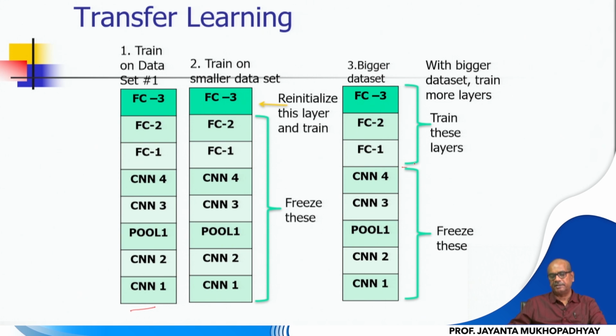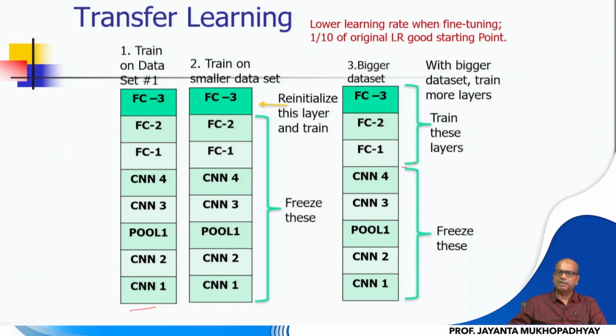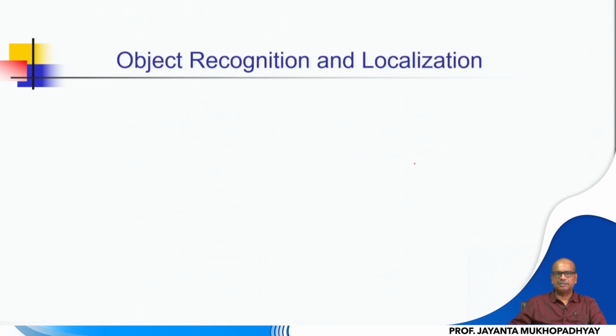That means the whole classifier itself you can train, but they are initialized with the values of the previously trained network. You can use a lower learning rate when you are doing fine tuning, because you are expecting your convergence should be near about that point. So we are not going to deviate much from that.